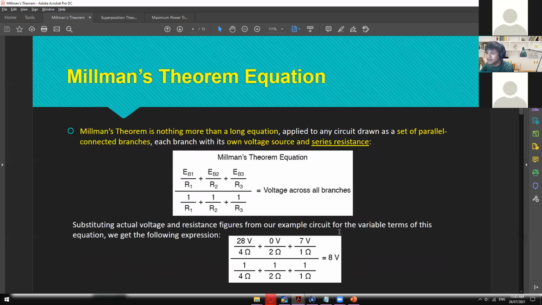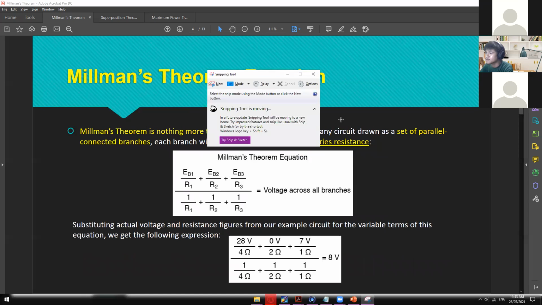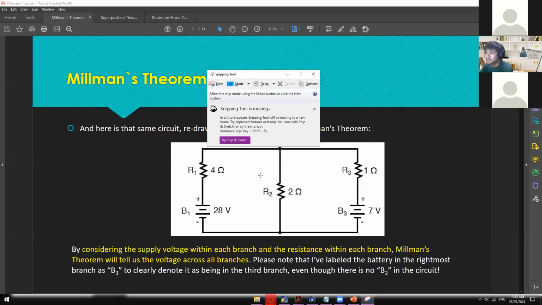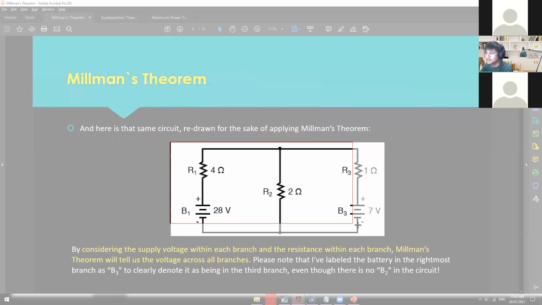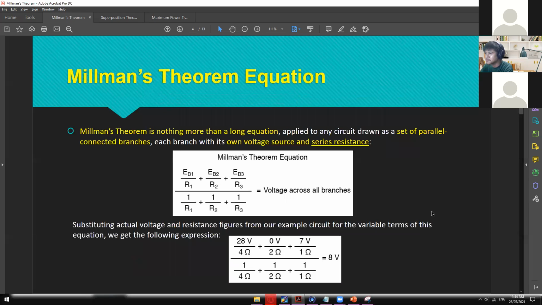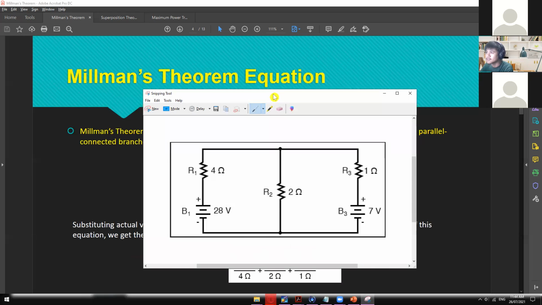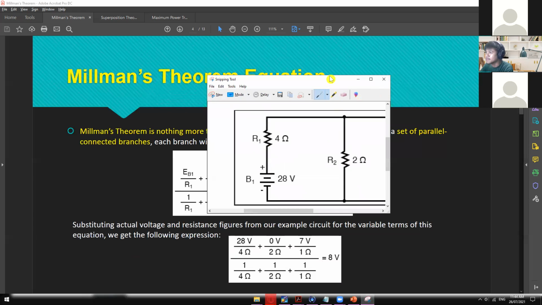So I'll give you guys 30 seconds to 1 minute to analyze this one. Okay, napaka straightforward naman. So yan na lang pala, para may basis kayo.